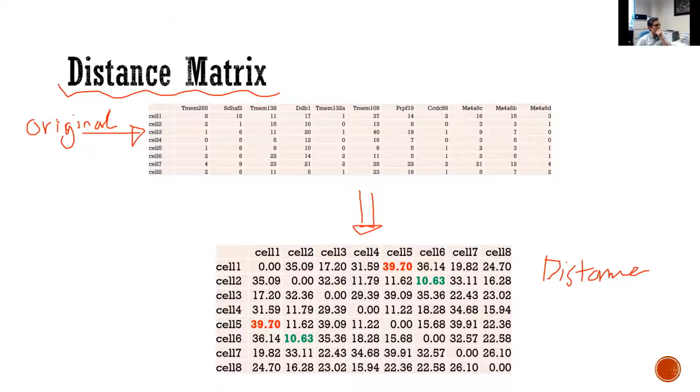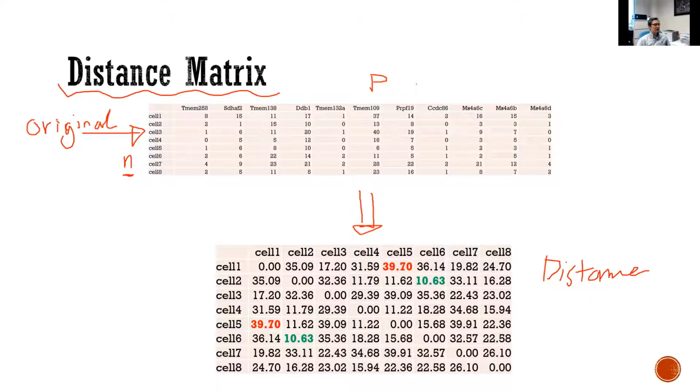How can you do it? It's pretty easy. In this case, if you have n cells and p genes, p could be a really big number. n in single-cell RNA-seq data is 2,000, 3,000, up to 10,000.